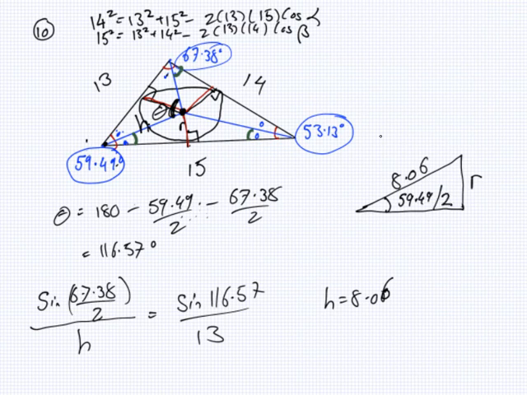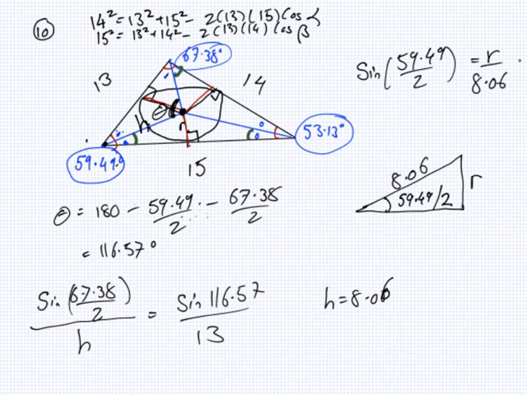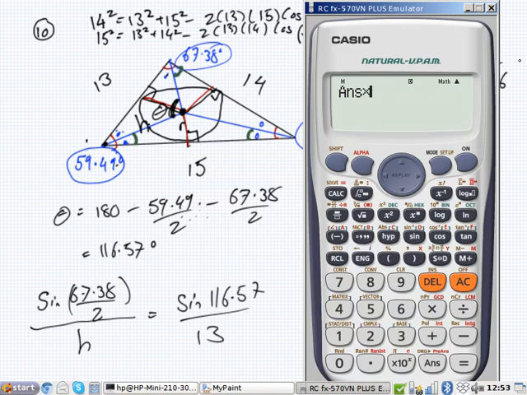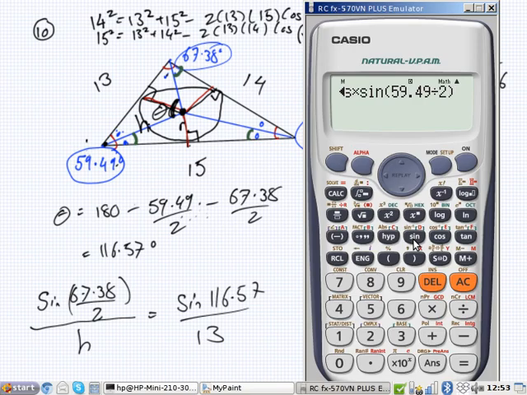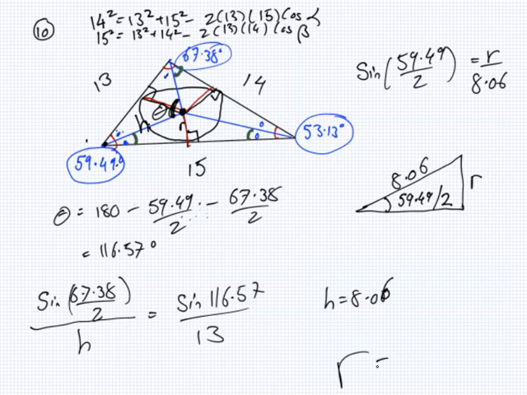So I can know OR because now I can say sine 59.49 over 2 equals OR over 8.06. OR is 4.